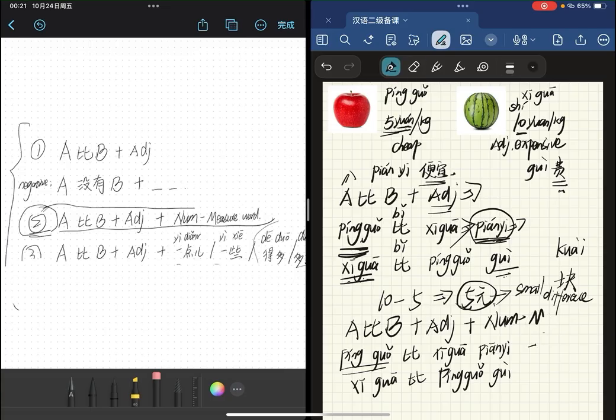I can add 一点 after the adjective to express the difference is small. 苹果比西瓜便宜一点, 西瓜比苹果贵一点.